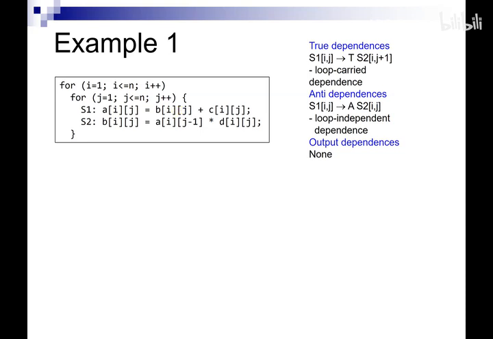Here you're going to write to A, and then here you read from A. So there's a loop carry dependence over here, and this is a true dependence. Now we also have an anti-dependence, because here you read from B, and then here you write to B. But this is within the same loop iteration, so it's a loop independent dependence. And for output dependencies, we don't have any.